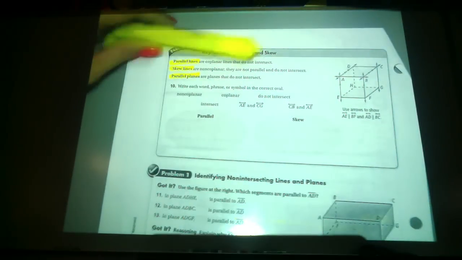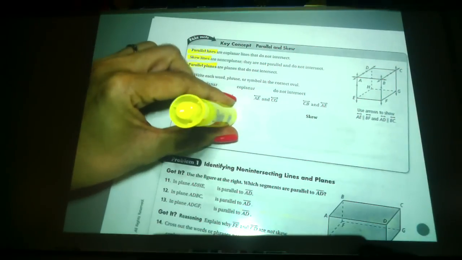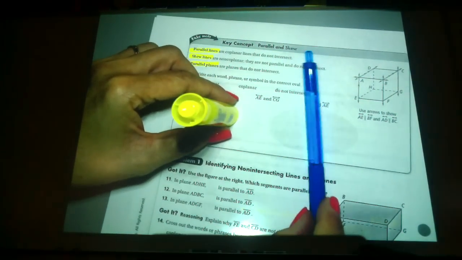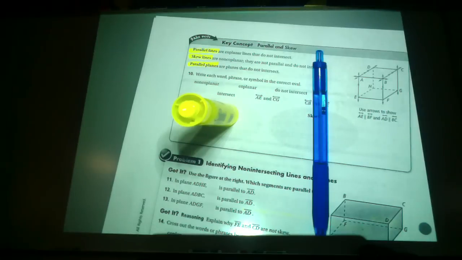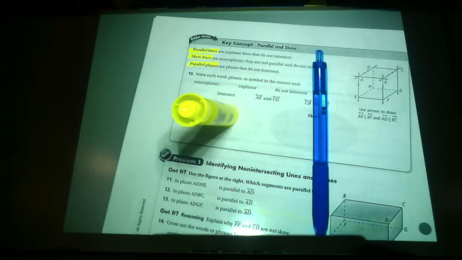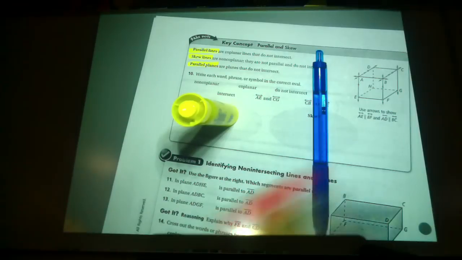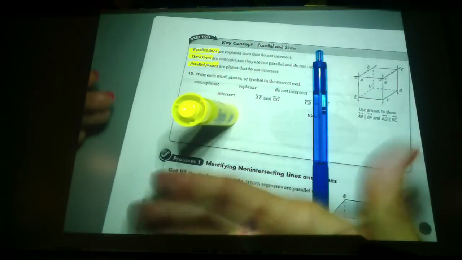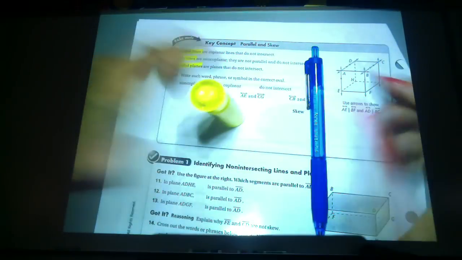So a skew line would look like this. Here's a line right here, and here's a line right here. They're going in opposite directions of each other. Could I create a plane that would encompass both of those at the same time? They might both go through the same plane, but there's no way that I can create a plane either this way or this way, or this way.